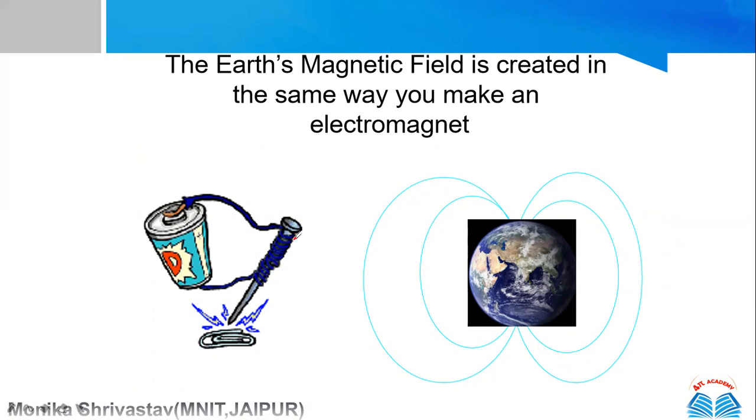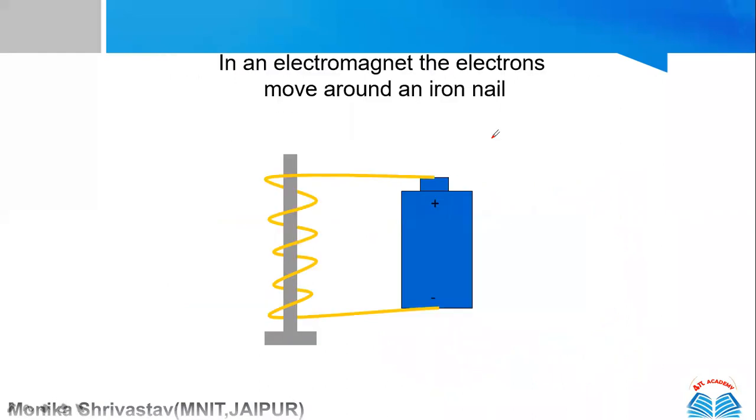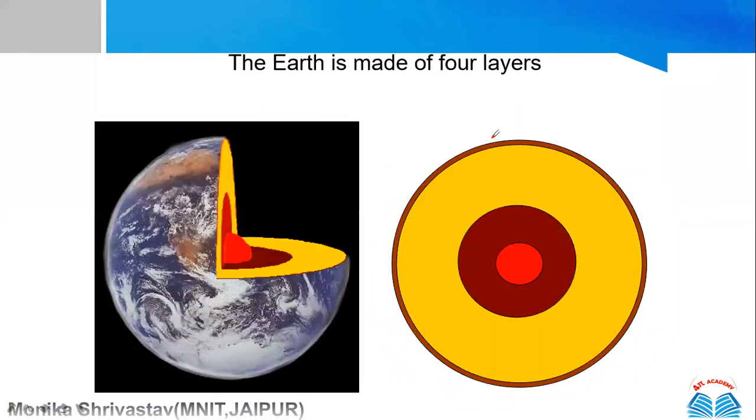If you wind some wire around a needle or some ferric material, and connect it with a battery, then it gets magnetized and becomes a magnet. By electricity, we are making some ferric material into a magnet. So this is our electromagnet. And the same is happening in the Earth.